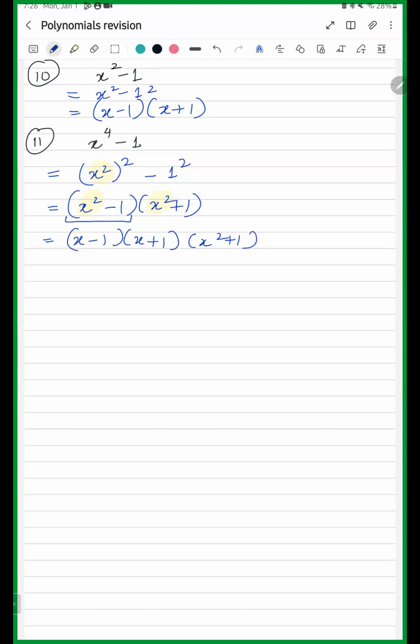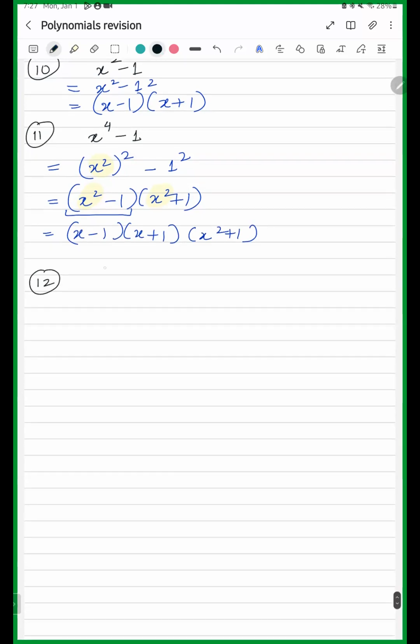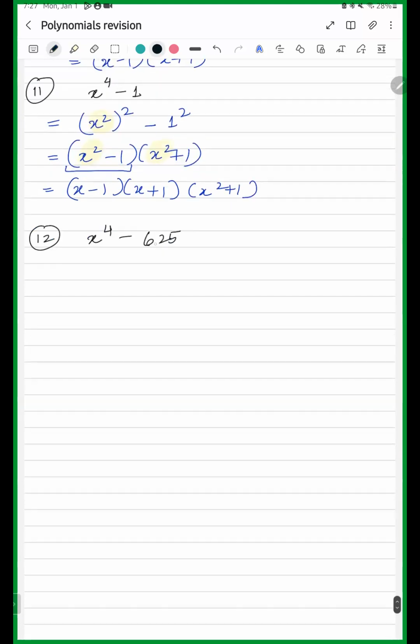Now, similarly, if in place of 1 I were to give you x to the power 4 minus 625, then you will just say 625 is the square of what? It is the square of 25.